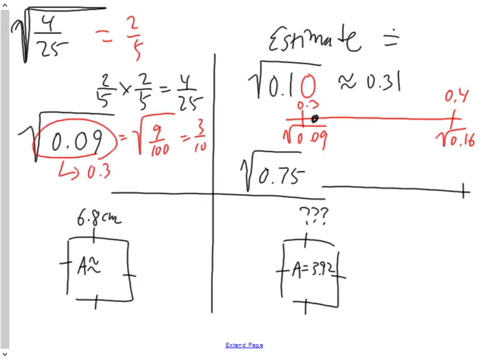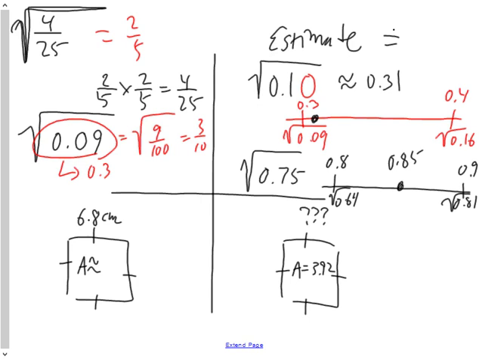Your next one, what is the square root of 0.75? Well, the square root of 0.64 is 0.8. The square root of 0.81 is 0.9. So 0.75, without doing a whole lot of thinking, is somewhere in the middle. So I'm going to guess, without doing a whole lot of calculation, it's roughly 0.85, because 0.64 is decimal 8 and 0.81 is decimal 9.